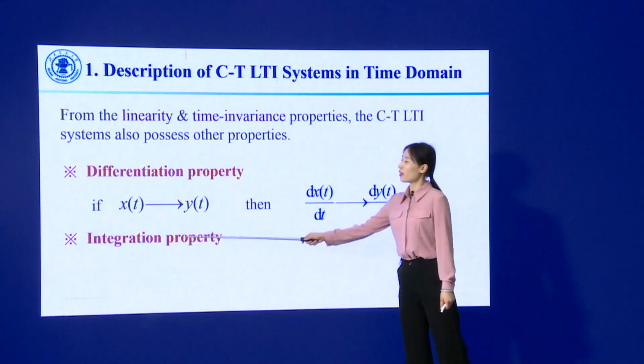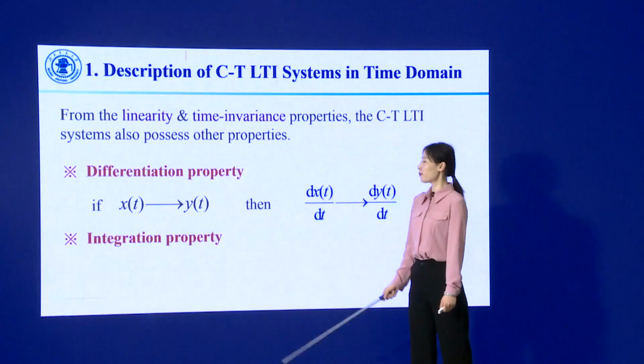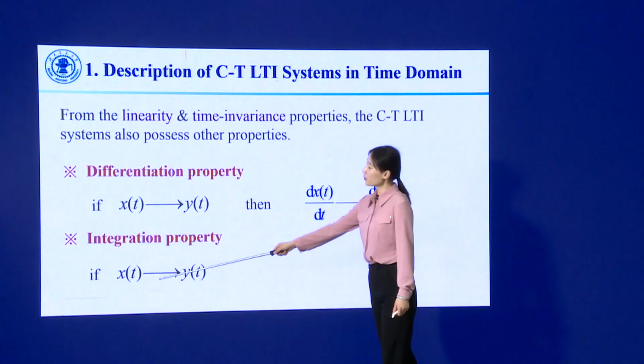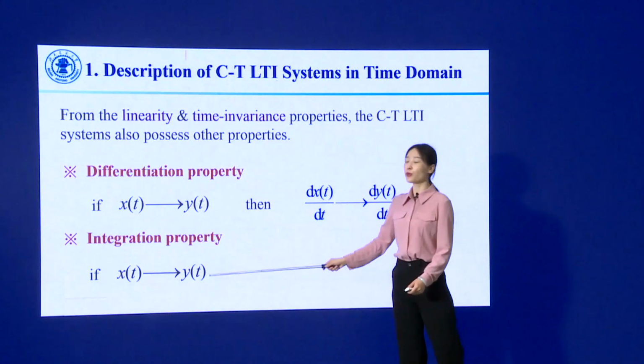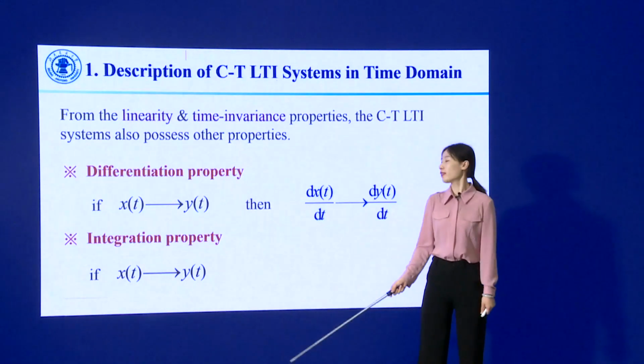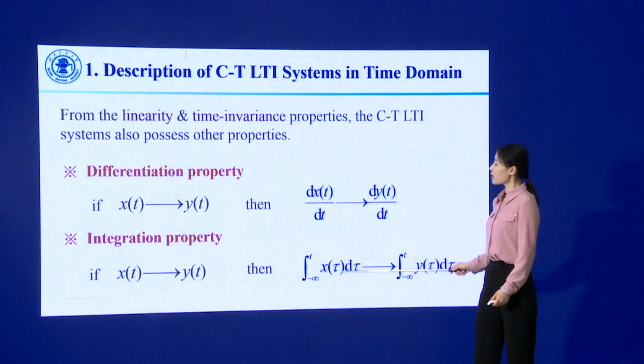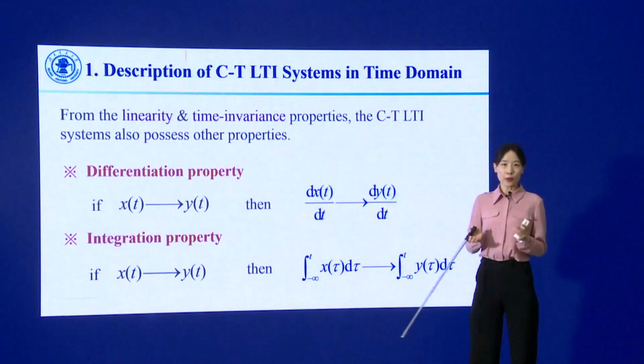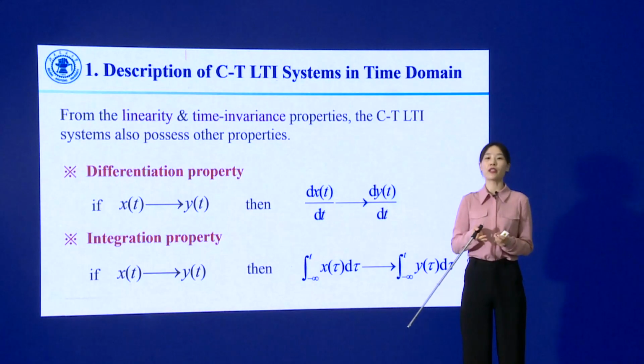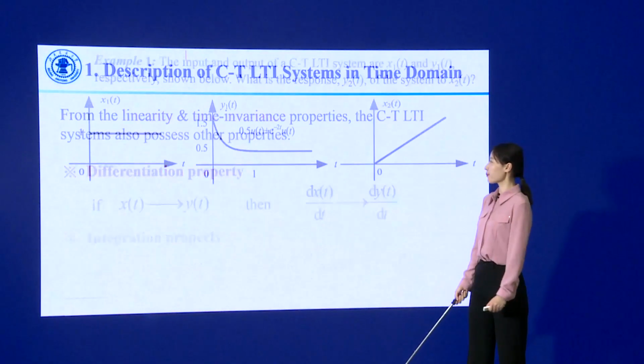The other is the integration property. When the input is s(t) and the output is y(t), then when the input is the integration of s(t), the output is also the integration of y(t).